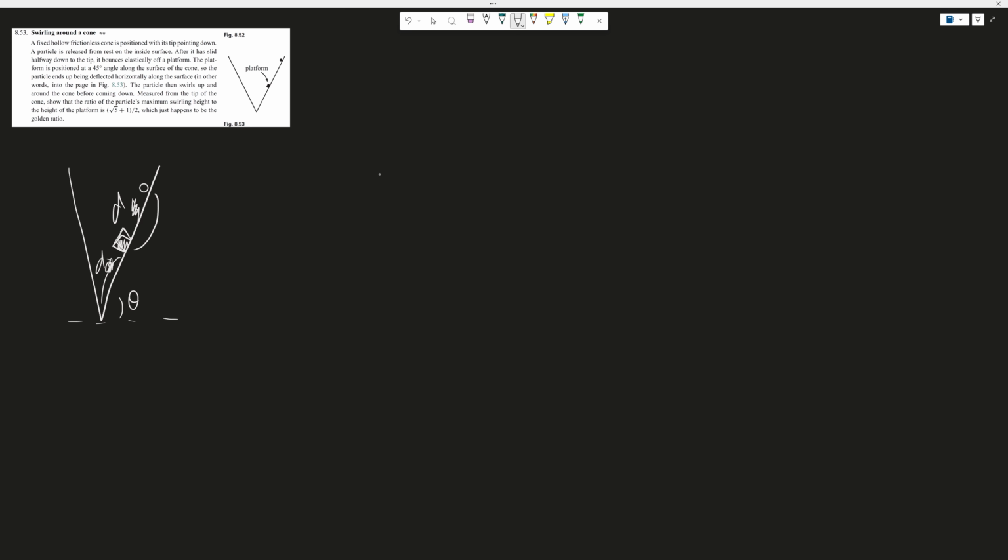And then obviously energy is conserved here because there is no friction. So we can get an expression for the velocity of the sphere when it falls down to the platform. What would that be? If we call this angle theta, the angle between the slope of this cone and the horizontal ground, then we know that this height right here would be d sine theta.